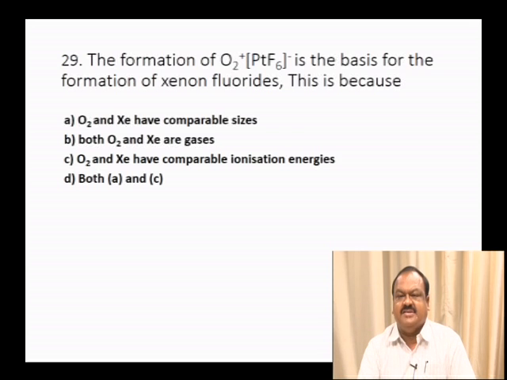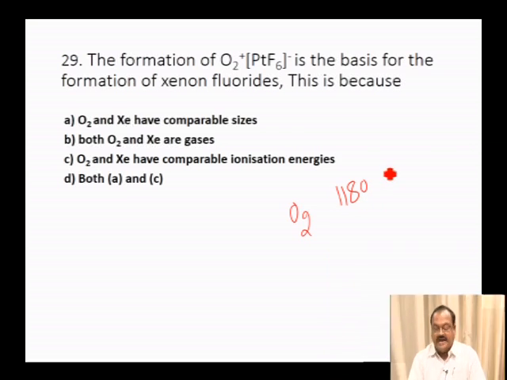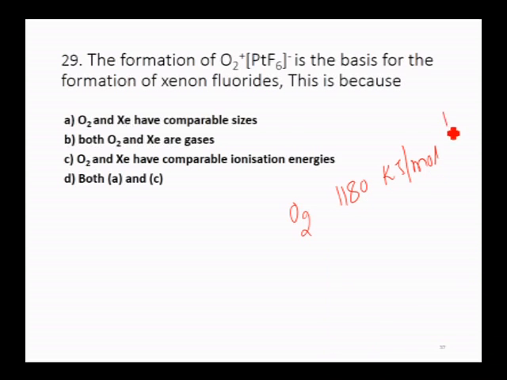Xenon and oxygen have comparatively same ionization energies. Oxygen ionization energy is 1180 kilojoules per mole. Ionization energy is required to remove 1 electron from an isolated gaseous atom. Xenon has 1170 kilojoules per mole. So, both elements having same ionization energies as well as comparable sizes, the suitable answer is D, both A and C.